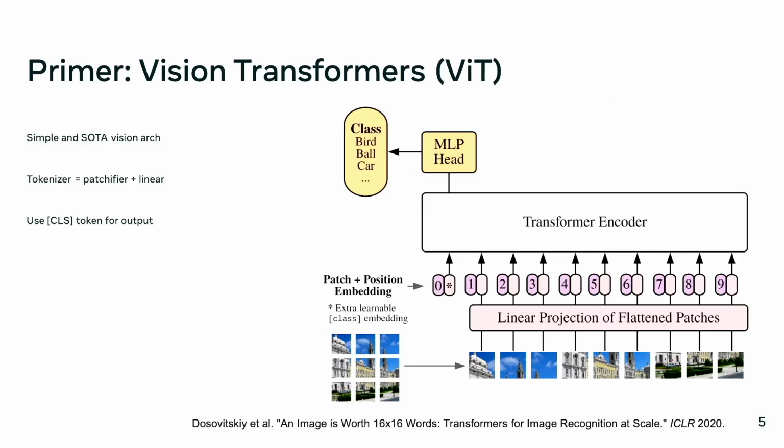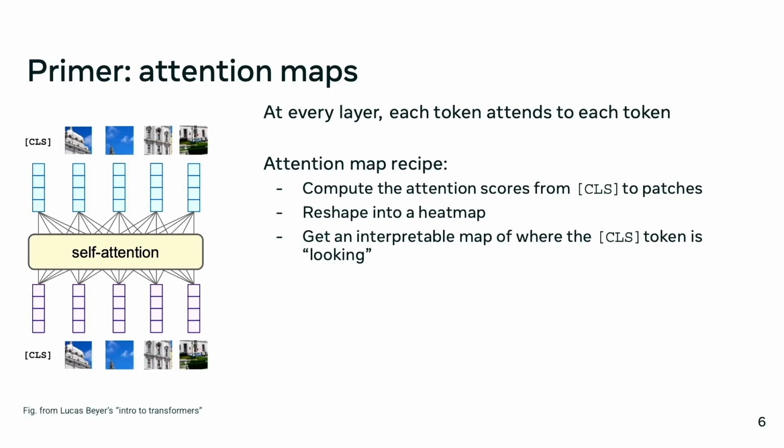Something very simple. Now, something very specific you can do in transformers is attention maps. Attention maps is something we do in vision transformers in particular, which is looking at where the CLS token is looking. What do I mean by that? In each block of the transformer, you have a self-attention layer. The self-attention layer has some interaction between all the tokens, pairwise, the CLS token and the patch tokens.